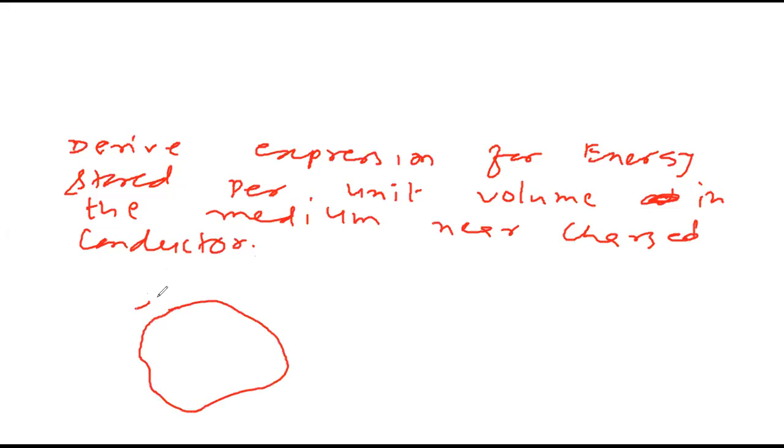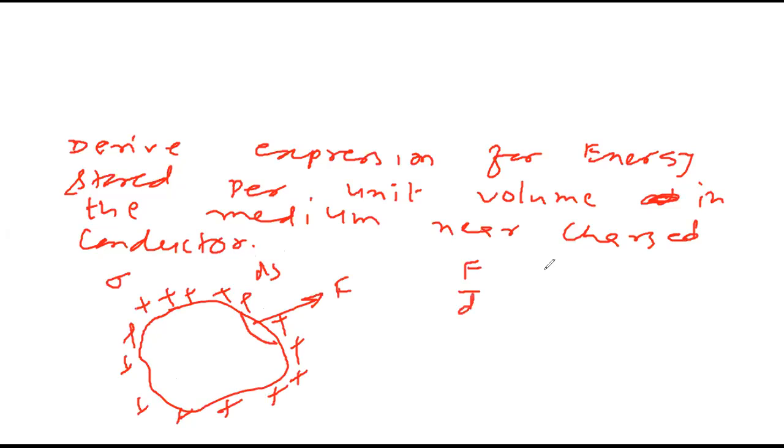Consider a conductor of any shape to be charged uniformly with positive charge having surface charge density sigma. Let ds be the elemental area of charged conductor. So force acting per unit area is half of sigma square upon epsilon, which we have proved.